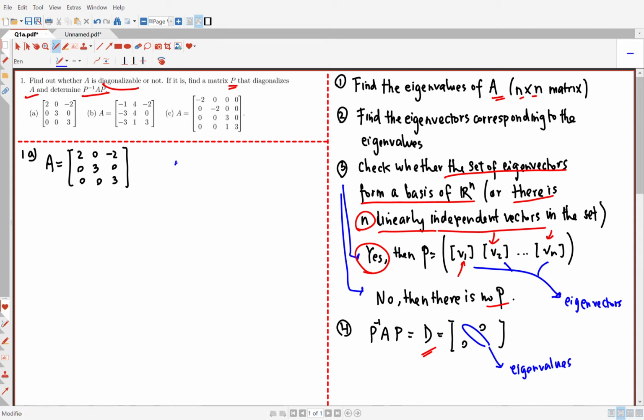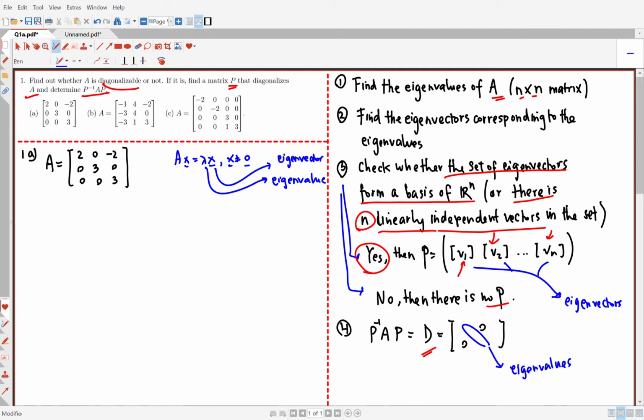If we consider the equation Ax equals lambda x, where x is not the zero vector, the x here is the eigenvector, and the lambda here is the eigenvalue corresponding to that eigenvector.